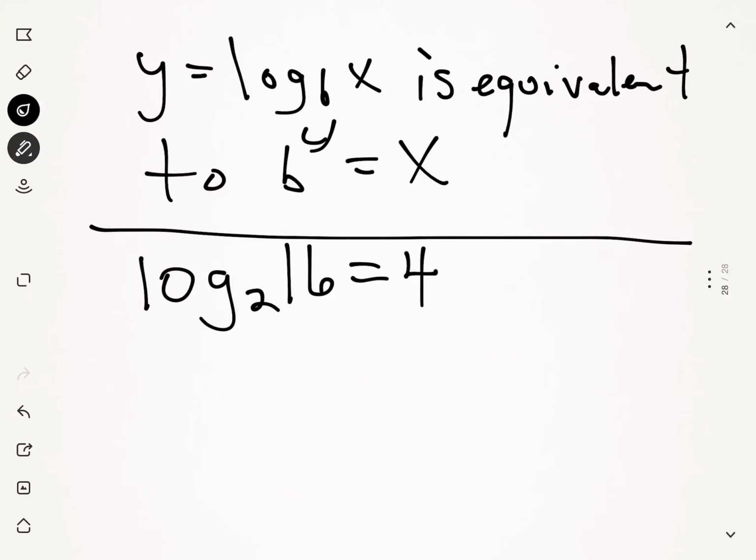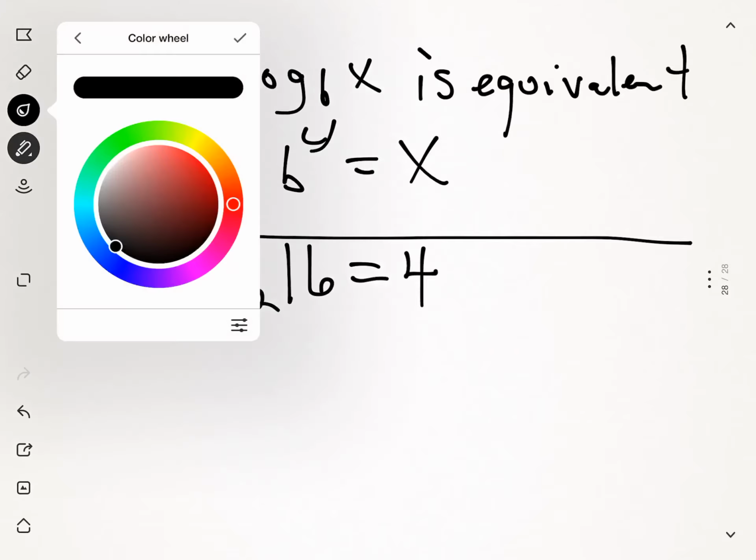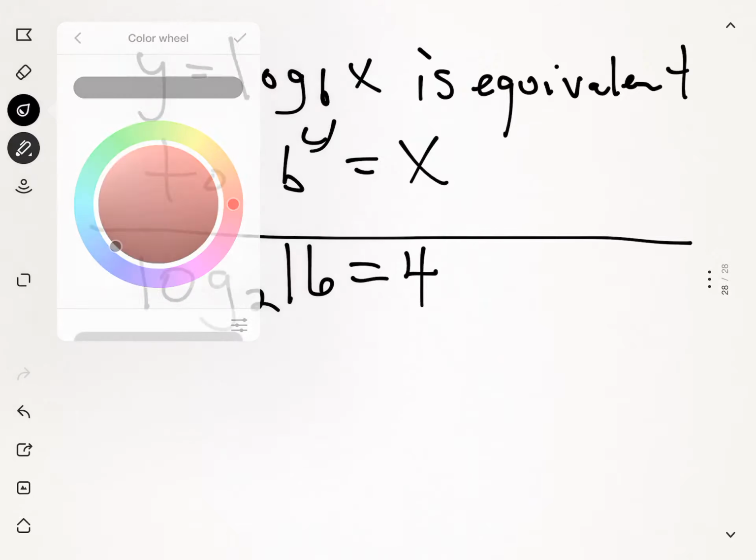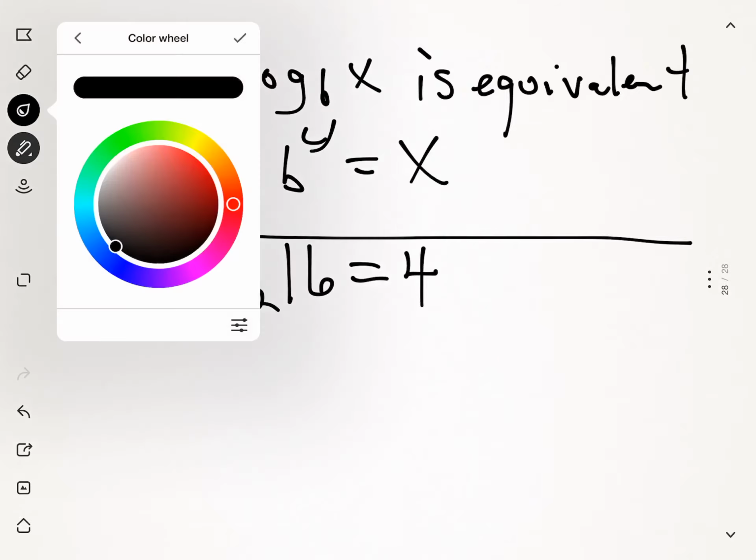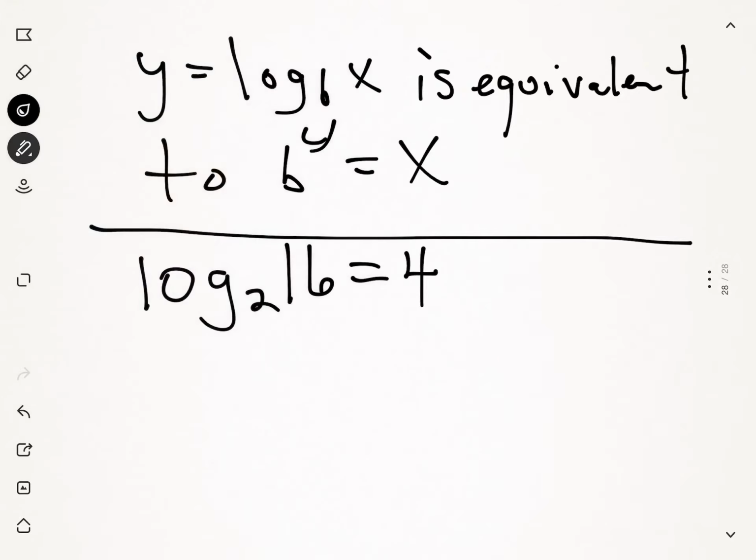Let's start with this one. So I want to convert it to its exponential form. So I'm going to need to use this definition up here. I need to use this whole relationship.